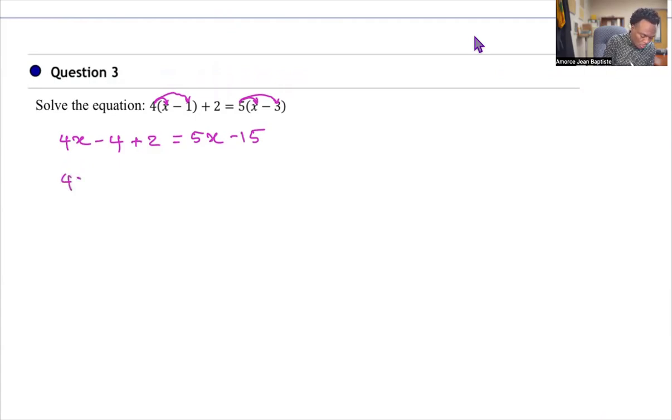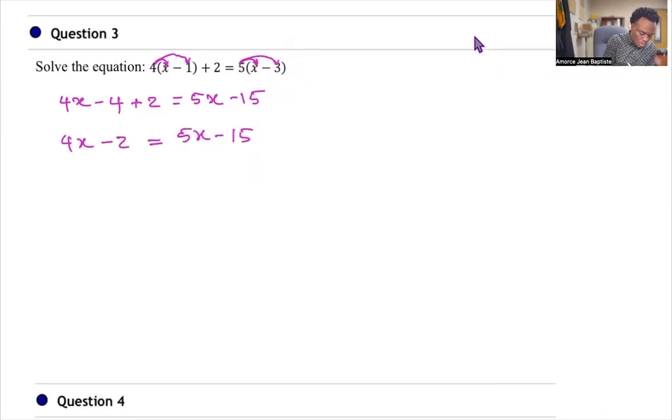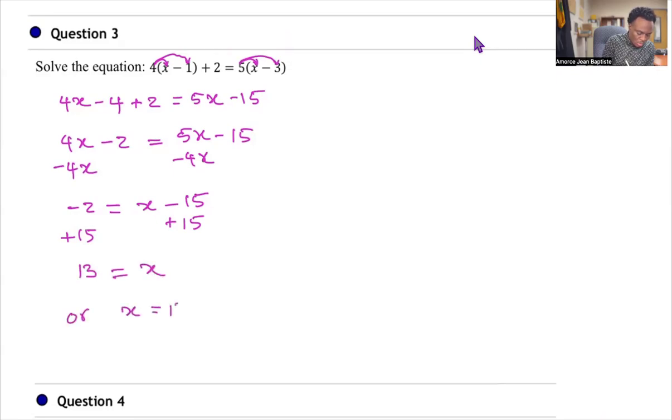Combine like terms first. 4x minus 2 equals 5x minus 15. We subtract 4x. Negative 2 equals x minus 15. We add 15. We get 13 equals x, or just x equals 13.